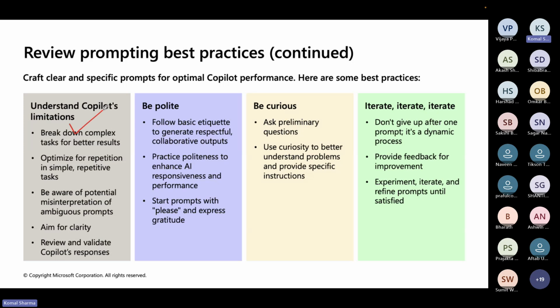Let's say if Copilot is not giving you the response, just wait for some time, try after a few minutes, maybe because of some internet connection or the server is down. So you can retry it, okay, or try the same prompt again and again. Give your feedback, thumbs up, thumbs down. Be polite while interacting with Copilot. Using simple words, please, thank you, would be very great for the communication, right?